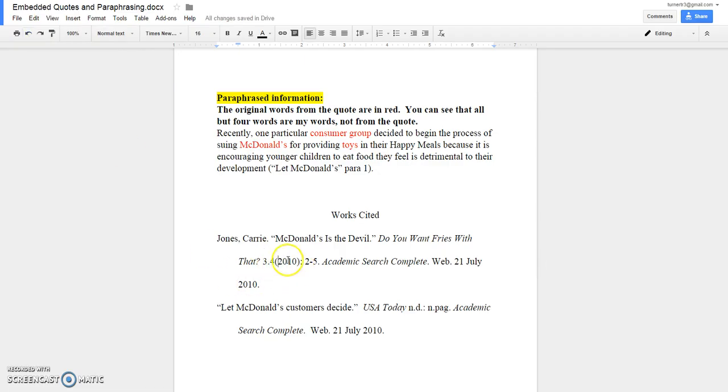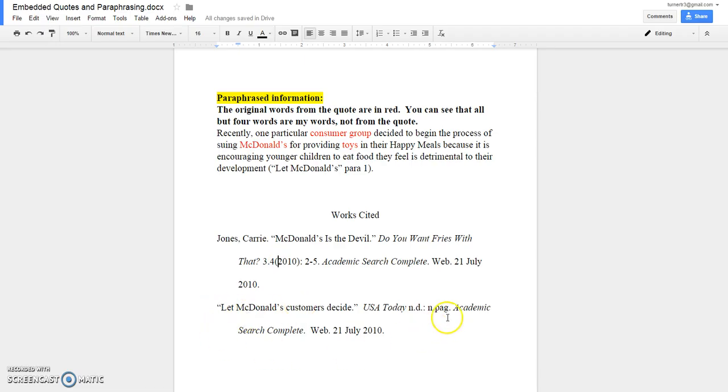Then you put the date in parentheses, colon, the page number the article was found on, so 2 to 5, the database name, Academic Search Complete, which is under EBSCOhost, the medium, so Web, because this database was online, and then the date of access. If this database had no volume and issue, then there would be no parentheses around the date because there'd be no reason to separate the date from anything else because there's no other numbers next to it.